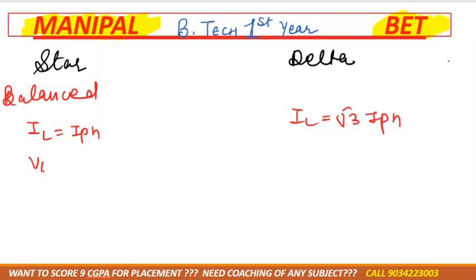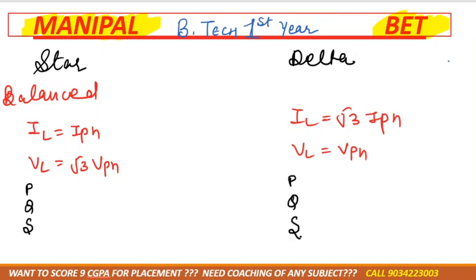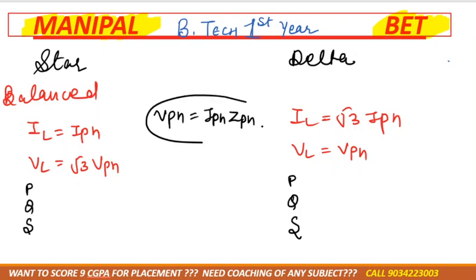In the star connection, VL is equal to root 3 VPH, and in the delta connection, VL is equal to VPH. Active power, reactive power and apparent power are the same for star and for delta as well, and we have one formula, VPH is equal to IPH multiplied by ZPH, for both star and delta.